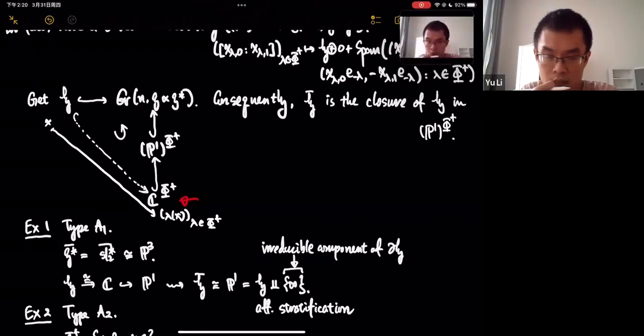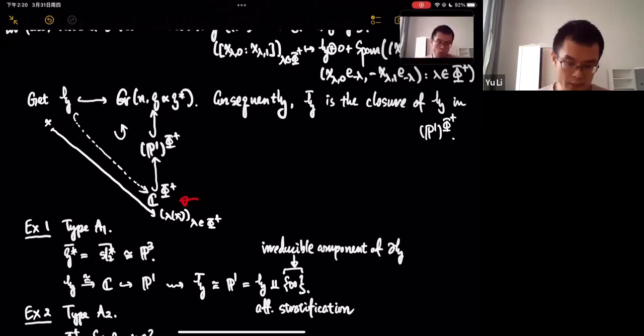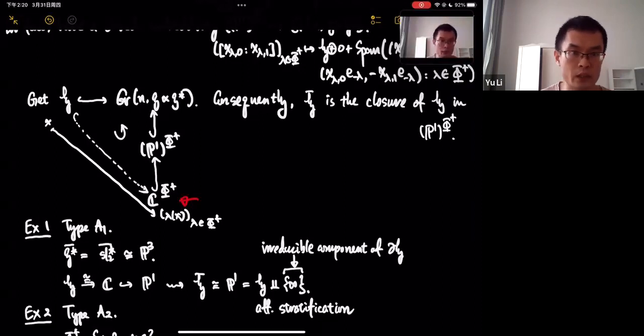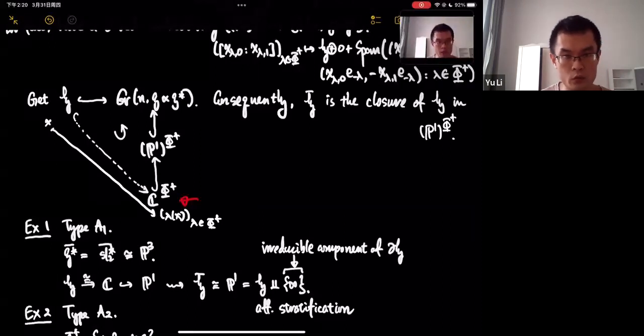So a vector space whose dimension is the number of positive roots. And what is this map? This map just sends an element x of h to the tuple lambda x that we said we need to remember.